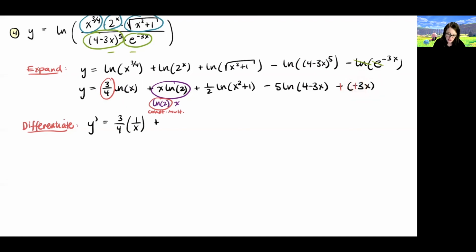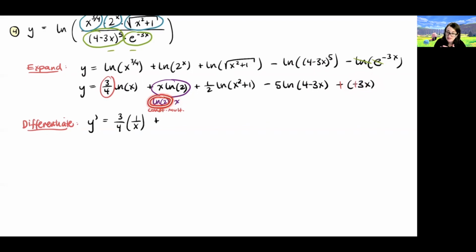So when we differentiate the natural log of 2 times x, what we get here is just the number, natural log of 2. Now, if we were to differentiate this again, the natural log of 2 would be a constant, so its derivative would be 0. But we will not find second derivatives with natural log stuff.